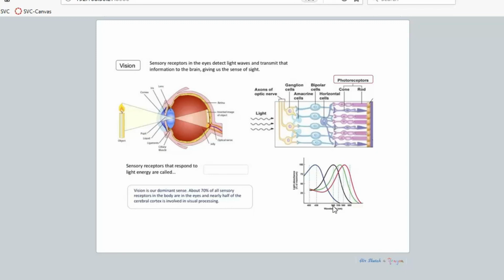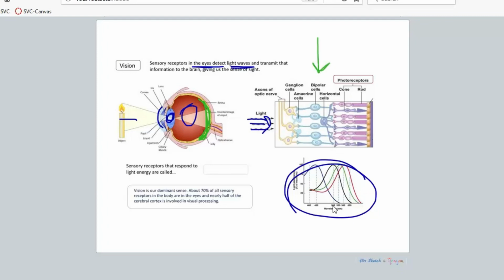Vision. We have sensory receptors in the eyes that detect light waves. These are all different light waves here, and that's detected by the eye. Specifically, these light waves go through the cornea, the lens, the vitreous humor back here, and they hit this area in the back of the eye called the retina. This is where the sensory receptors are.